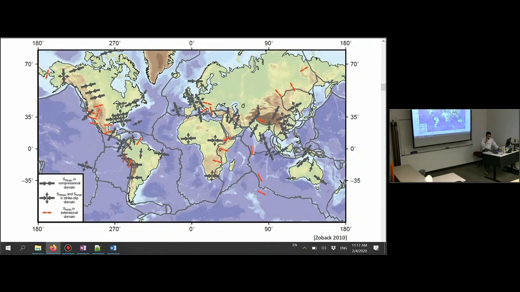But the story is that the tectonic plates are going to define these horizontal stresses. Do you guys remember the three types of tectonic plate boundaries? So, convergent, divergent, and transform, which, if we take a look at it in mechanical terms, is more like a shear.